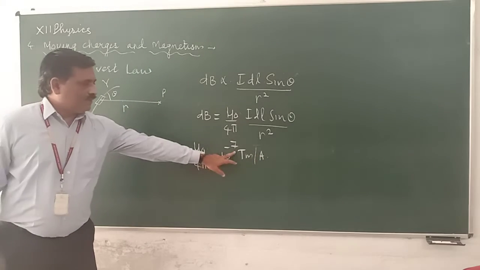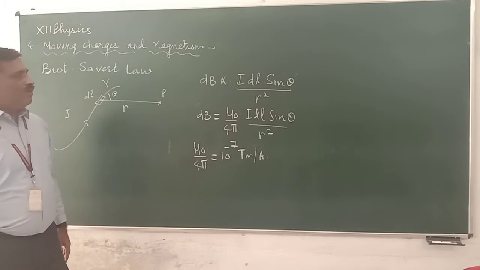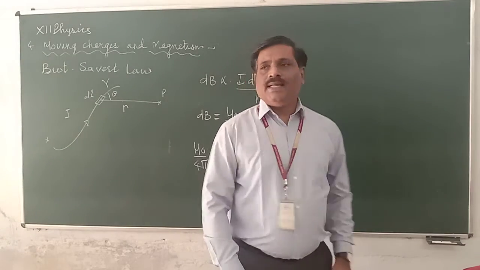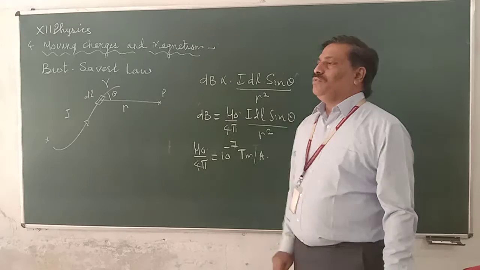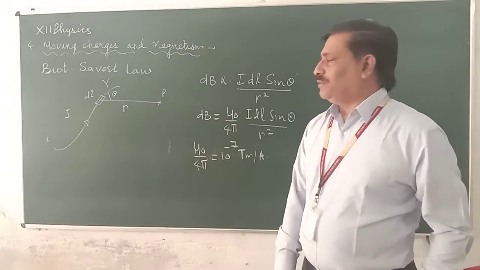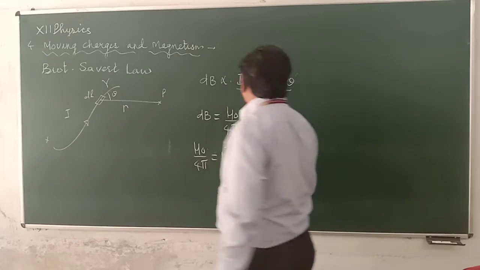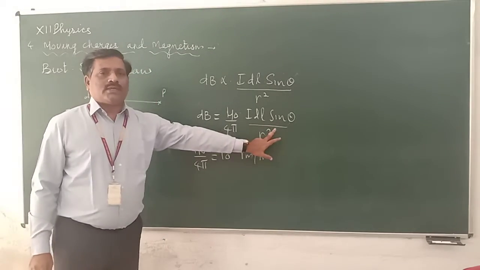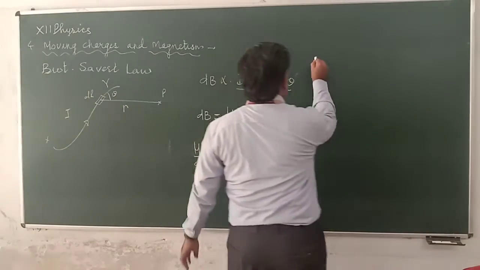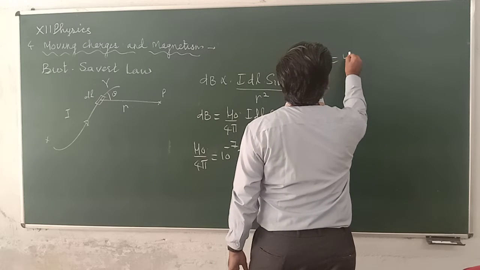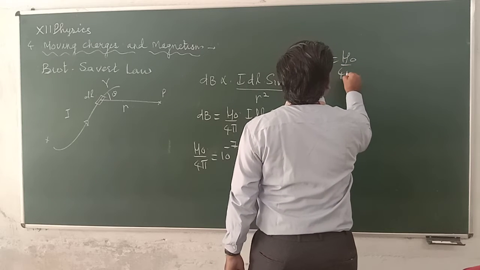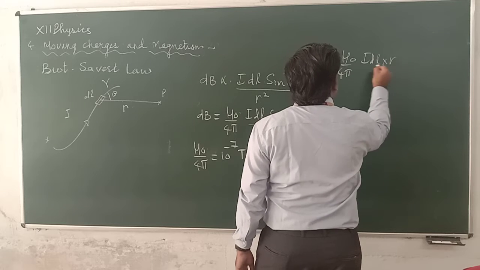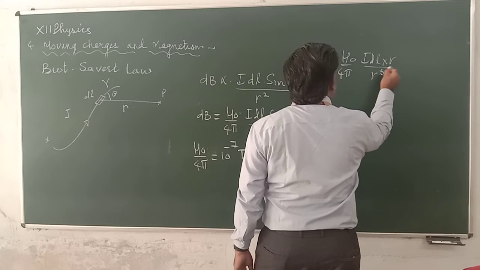It is an analogous quantity to 1 upon 4 pi epsilon 0. Now when sine theta is involved, it means it is a cross product. So we write dB equals mu 0 upon 4 pi, I dl cross r divided by r cube.